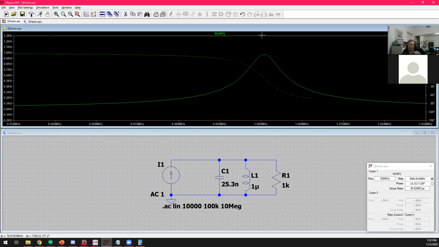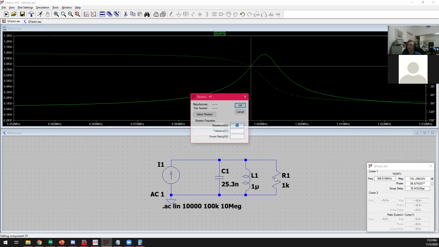So if I zoom in a little, we can get the bandwidth of this guy. It's roughly, what's that, around 80 kilohertz or so, or even less than that. It's more like 40 to 50 kilohertz. So we've gone from 6.5 megahertz to around 45 kilohertz.